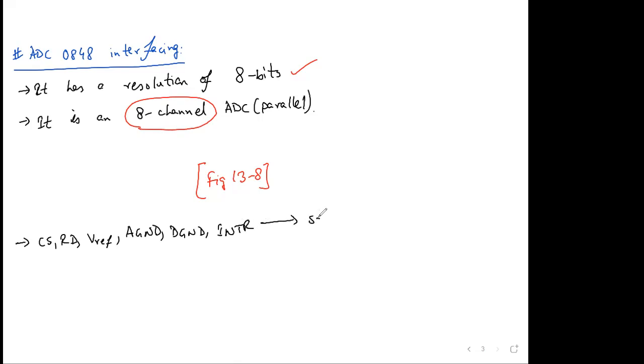All right, so all these pins are there in your new ADC 0848, and the description of these pins is exactly the same as before. So now let us look at the new pins that we have.